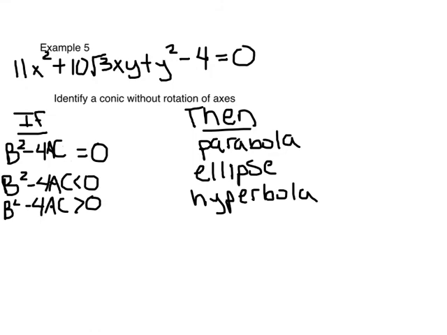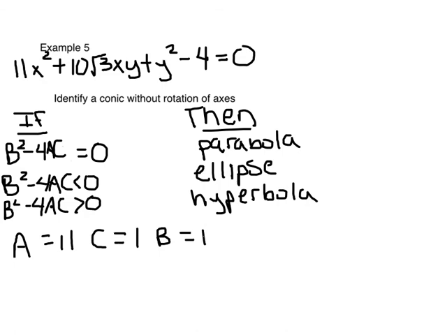So in example 5, we can see that A is 11 and C is 1. And with the formulas we learned at the beginning of this lesson, we would be tempted to say this is an ellipse because 11 times 1 is positive. However, the radical in this problem changes everything.